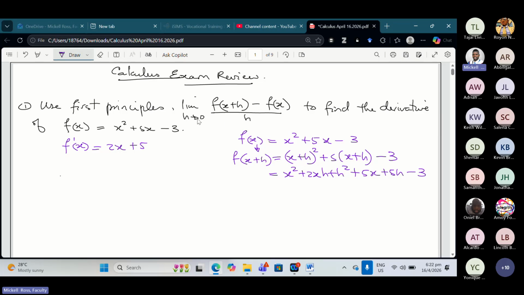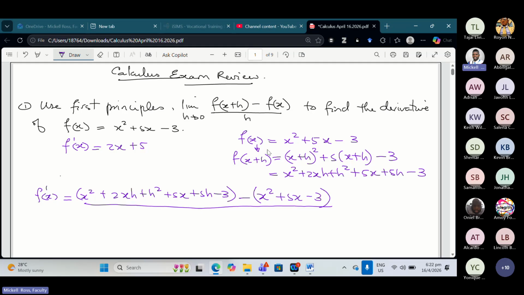Now, in using the formula to work it out, or the method of first principle, the derivative of the function is going to be equal to f of x plus h, which is all of this. So that's going to be x squared plus 2xh plus h squared plus 5x plus 5h minus 3, minus f of x. What is f of x? Minus f of x, which is x squared plus 5x minus 3. And then it's all divided by h.